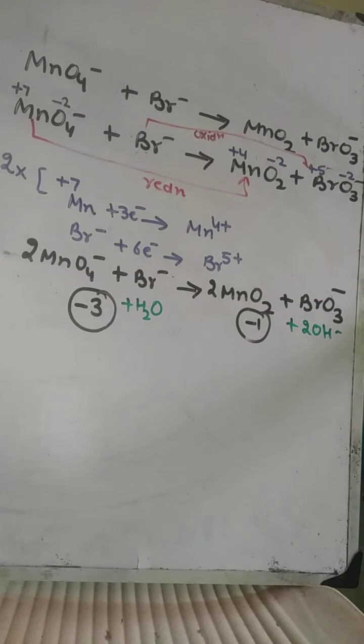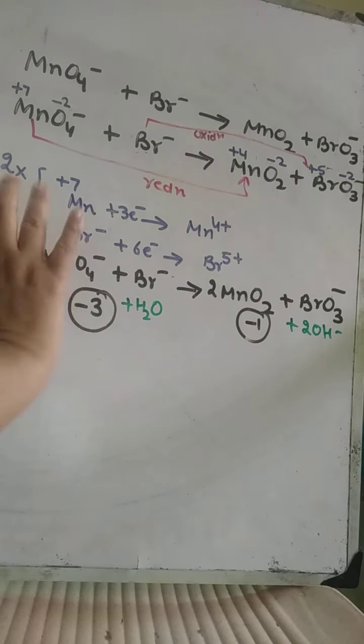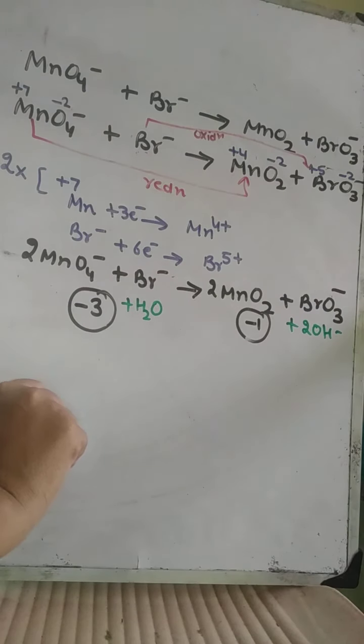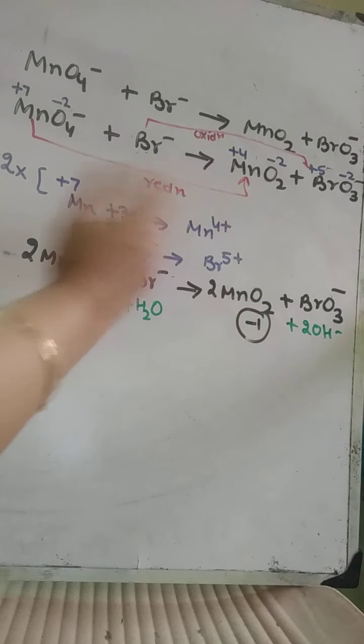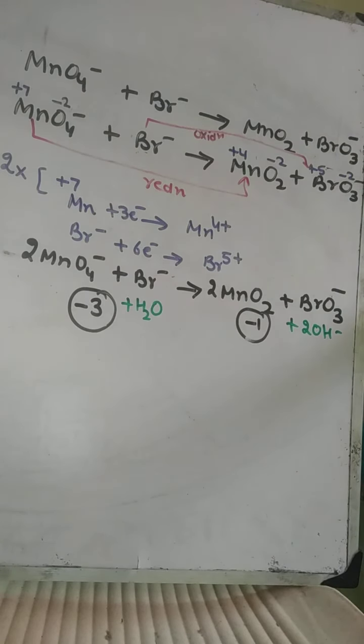Remember, when we are balancing the equation in acidic medium, you add H positive on left and half number of water on right. If you are balancing in basic medium, add OH negatives on right and half number of water molecules on the left, and you are good to go.